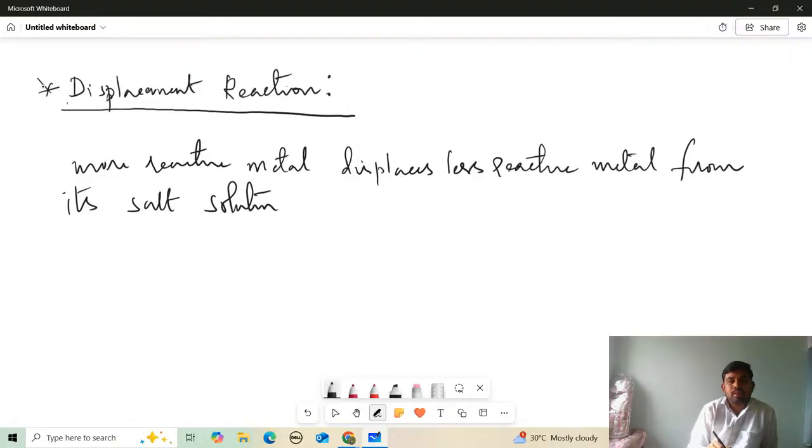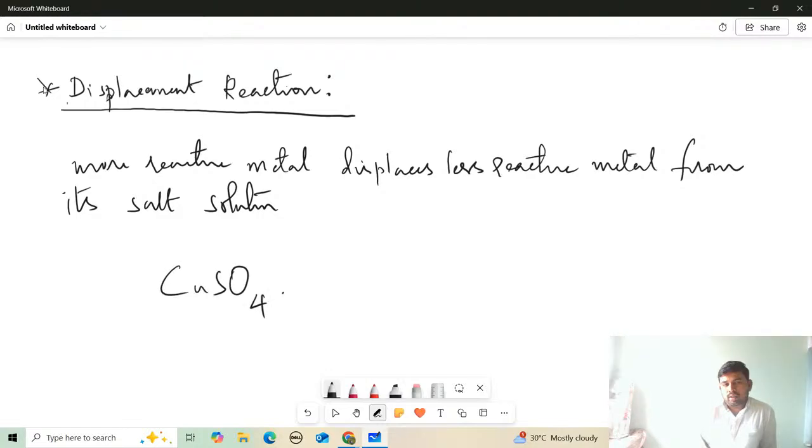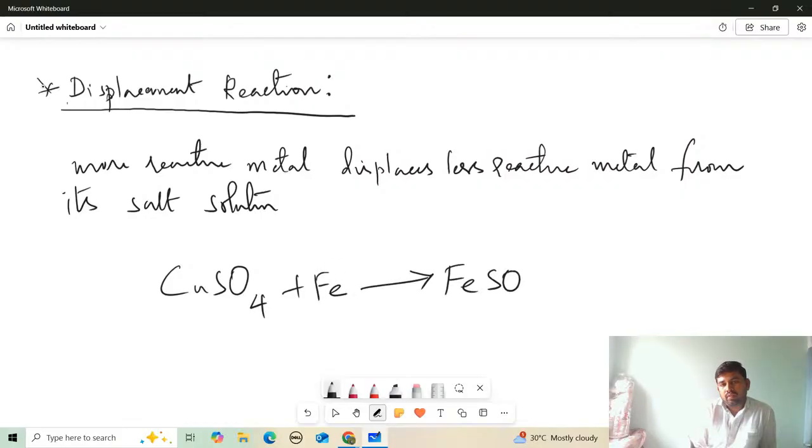For every example they have given copper sulfate. If you add iron to copper sulfate, iron will displace the copper and take its place. So you get FeSO4 plus copper. This reaction is called a displacement reaction.